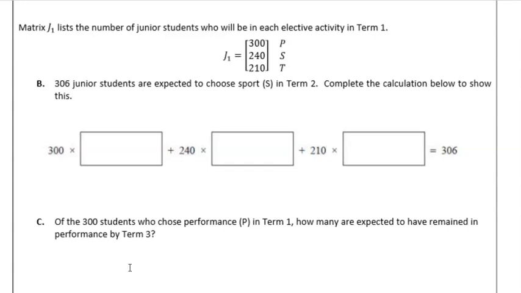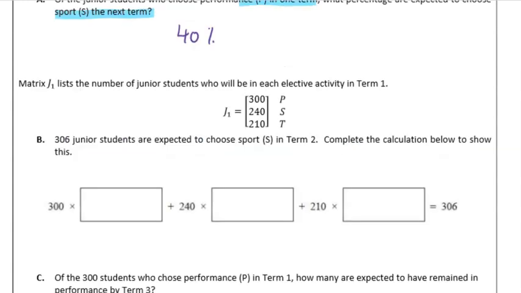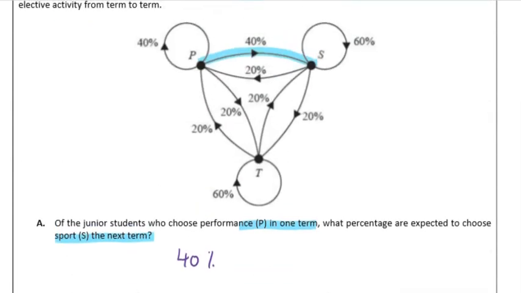If we go back to the diagram, what we're actually looking for is all of these values coming in to sport. Firstly, we were told there were 300 students in performance, of which 40% are going to change to sport. So we've got 40% of those 300 ending up in sport.